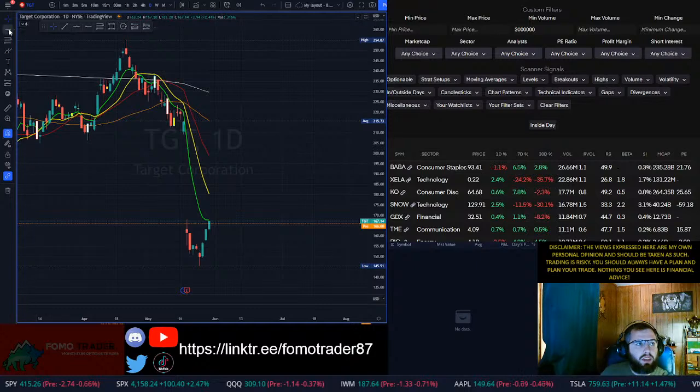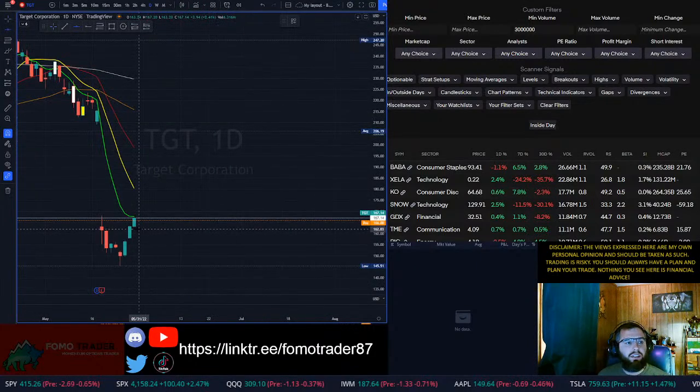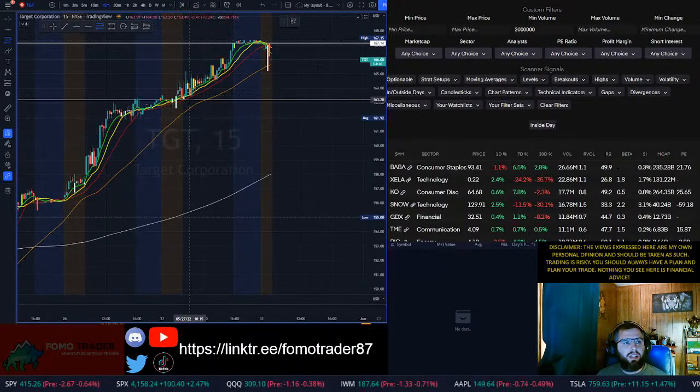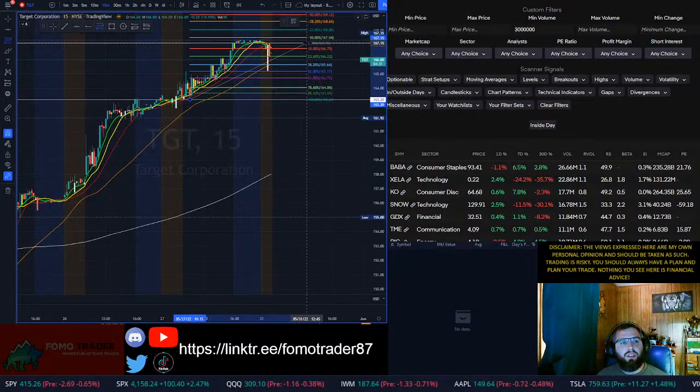So I'm going to go ahead and draw this out. We're going to do the high of the candle from Friday and the low. Switch back to the 15-minute. Then we're going to draw our Fibonacci from that low to the high.